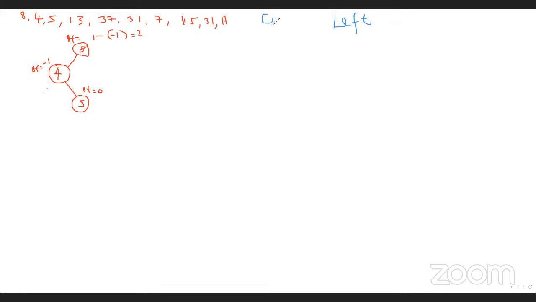So I'm going to see the problems that can arise. I'm going to say case 1. So the tree is bigger on the left-hand side. So we'll go to the left-hand side and check the left child and see what side the left child is leaning. So when you go to 4, the balance factor is -1, which means what? 4 is leaning on which side?